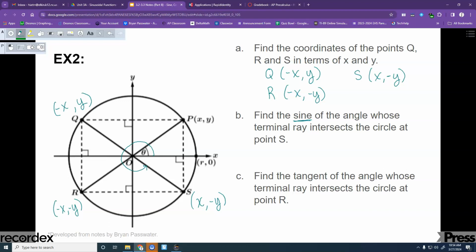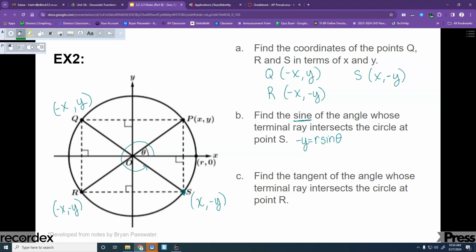And so I know that y equals r sine theta. Actually, okay, that's my formula. I'd kind of like it if they had not used X and Y's here. At point S, this is my formula, but at point S, what is my Y coordinate?